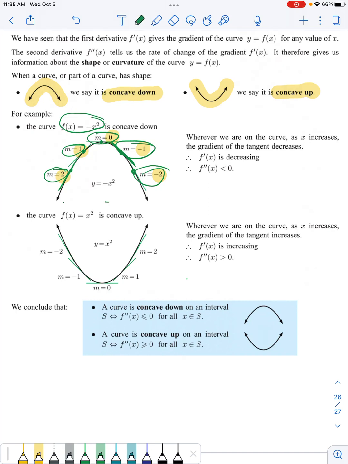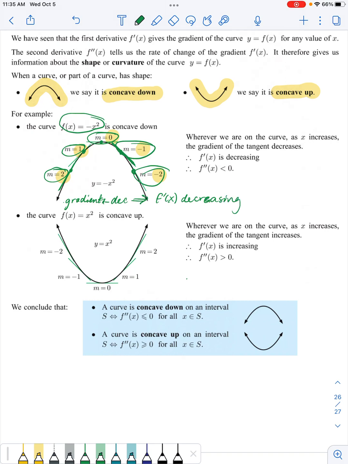So the slopes themselves, or the gradients, are decreasing, which we would know because that means that the derivative function is decreasing, because the derivative function is the gradient function.